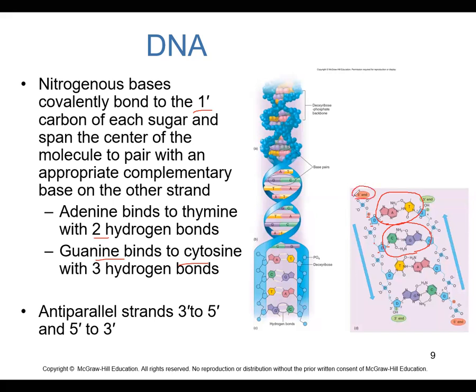So that's the 5' carbon on the sugar. That's the 5' end. So the opposite side is that 3' end. On the other strand, they are in the opposite direction. It's the 5' at this end, and there's the 3' up at that end. So that's the anti. They're going opposite directions with each other, but they bond in a specific way. So when we talk about anti-parallel, that's what we're mentioning.